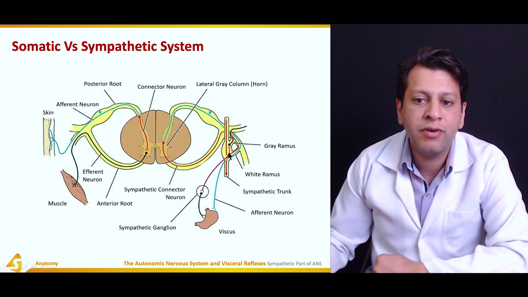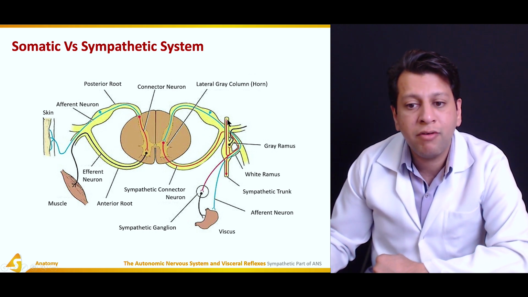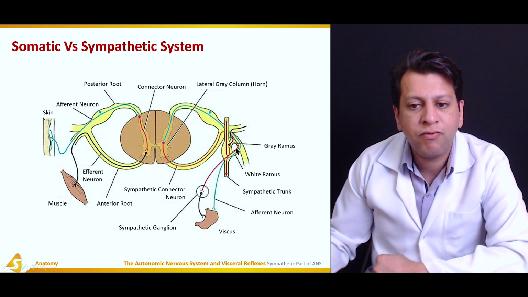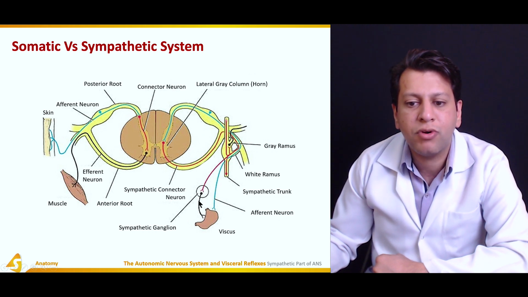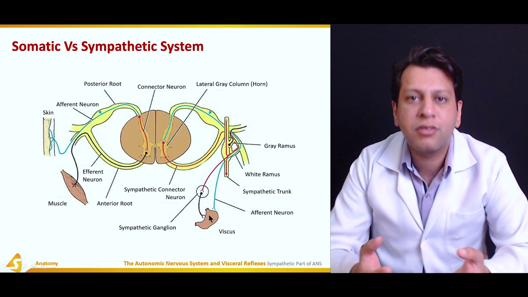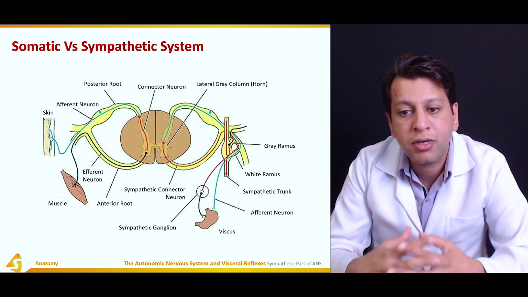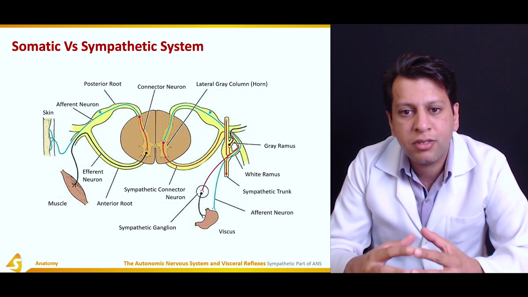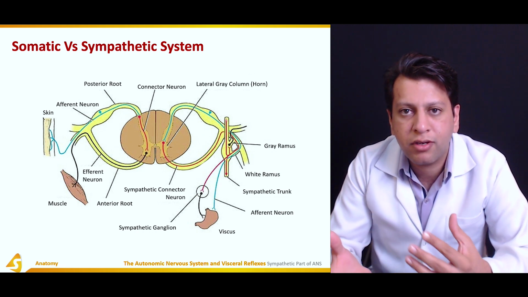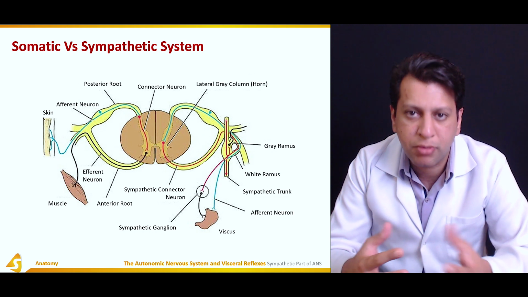They can go above and synapse 2 to 3 levels above, or simply they can pass without synapsing into the splanchnic nerves and reach a sympathetic ganglion, which is present in the mesenteric and celiac plexus of the stomach wall. They can synapse here, and then the postganglionic fiber would arise and cause its effects on the stomach, for example, to decrease the peristalsis of the stomach. This is how the sympathetic nervous system brings about change as compared to the somatic nervous system.